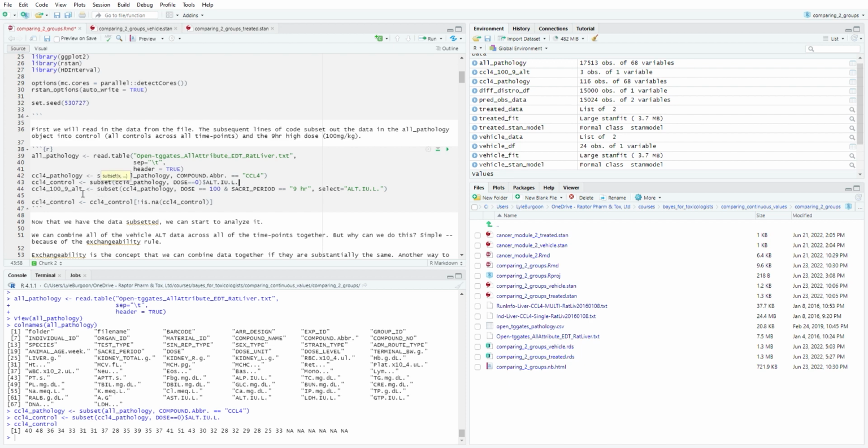Next, I want to get just the 9-hour data, so the sacrifice time was 9 hours, 100 mg per kg. So I have to specify all this stuff, right? I got to tell it I want it from the CCl4 pathology object, where the dose is 100 and sacrifice period equals, again, 9 hours. And I'm just going to select this particular column, all right?